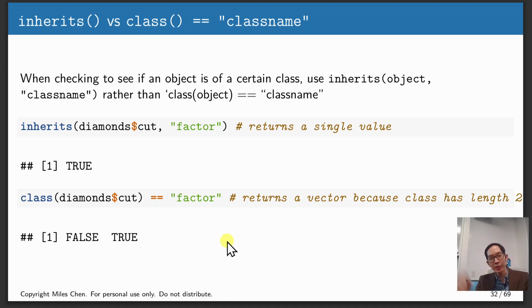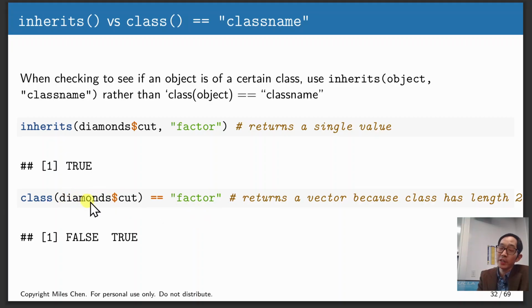Now when you want to check to see if something inherits or belongs to a certain class, make sure you use inherits and not does the class equal the class name. Because remember, when you call class on something, you can get a vector of names, okay? And if you do a vector of names equals something, you'll get a vector of TRUE/FALSE values.